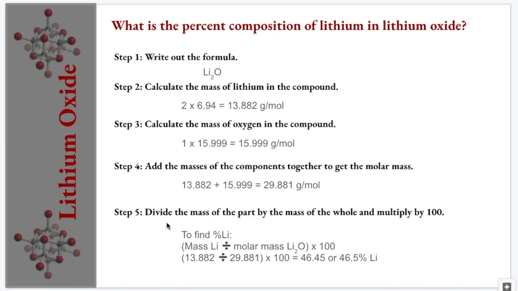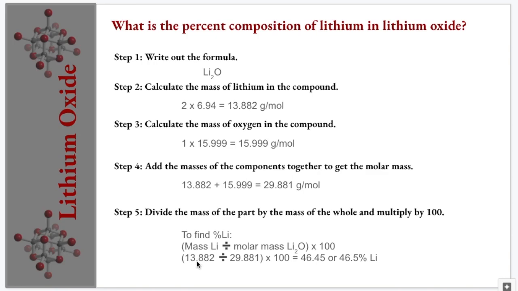For step 5, what we're going to do is divide the mass of the part, whatever part we're trying to find, by the mass of the whole and multiply it by 100 to give us a percentage. In this case, we want to know what is the composition of lithium in lithium oxide. So we're going to take the mass of lithium, which we calculated in step 2, divided by our molar mass, which we calculated in step 4, and then times it by 100.